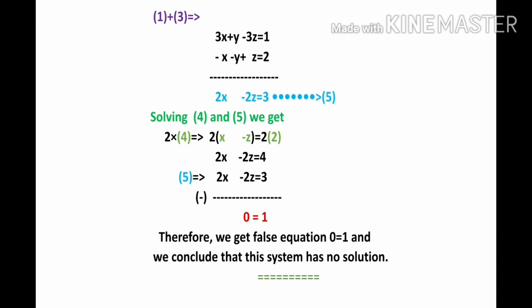So add the coefficients. So 3x minus x is 2x. Then y minus y gets cancelled.